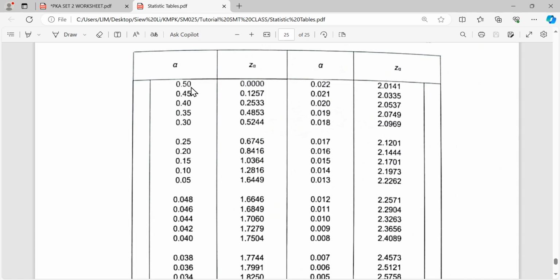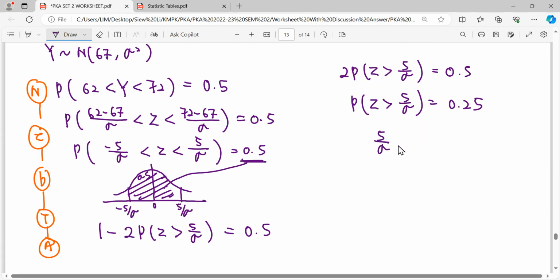Refer to the last page here: 0.25, the reading is 0.6745. So to find our sigma, it will be 5 divided by 0.6745. Give your answer to more than 3 significant figures. That's all for these questions.